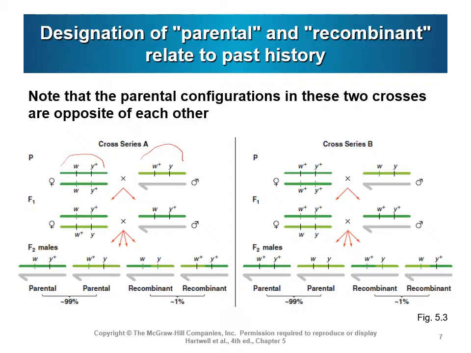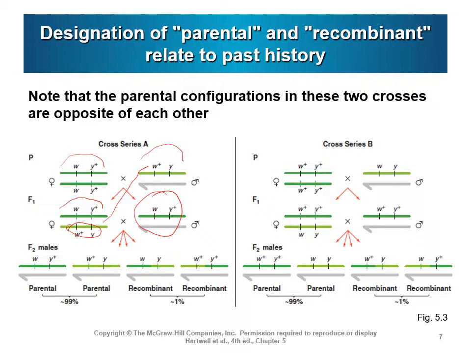Since this is X chromosome related, at F1 the female will get one of the X chromosomes from mother, which will be W Y plus in either case, and one from father, which was W plus Y. Then the male offspring will get W Y plus from mother only.